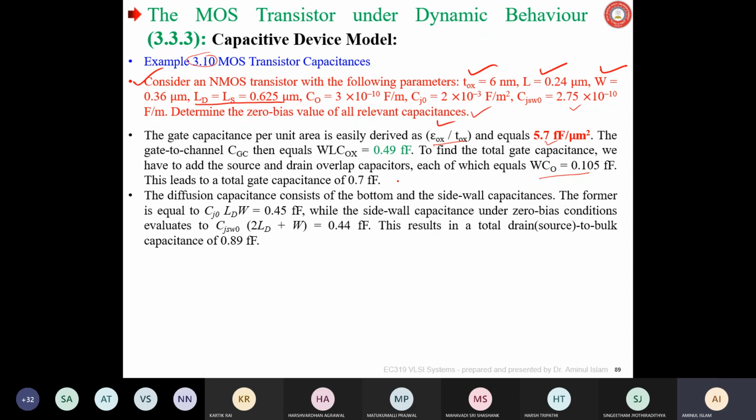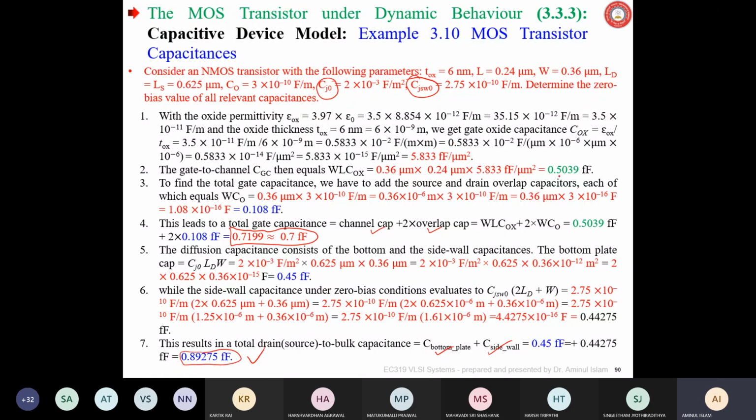So all the capacitances you have to find out, and this is one value, for example. Similarly, another value is W L COX, the gate to channel capacitance CG. Then this leads to a total gate capacitance. Adding these two things, 0.5039 femtofarad plus this one, gives you 0.7 femtofarad.